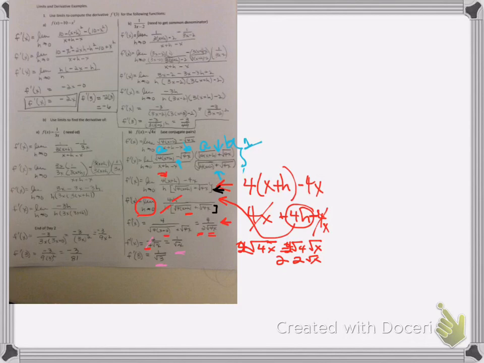So just to summarize, on day 2 of the 1.4 limits notes, we started out finding the limit as h goes to a number, and we learned 2 different algebraic manipulations. One was factoring and canceling, and one was using radicals and finding conjugate pairs.